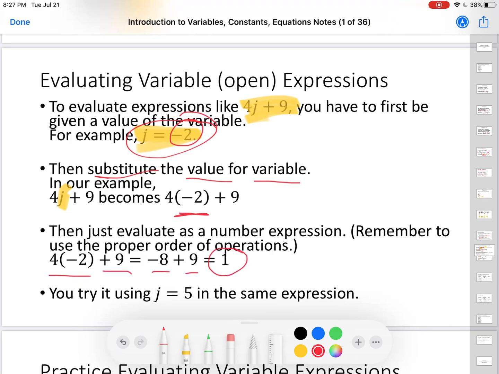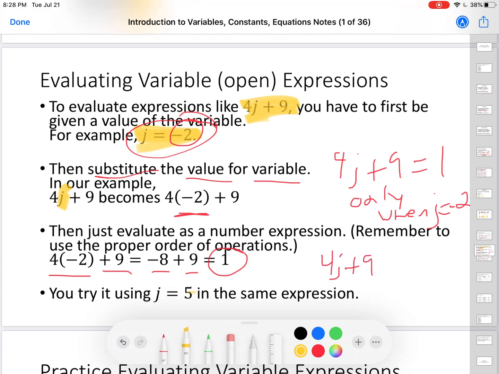The value of this expression, 4j plus 9, equals 1 only when j equals -2.